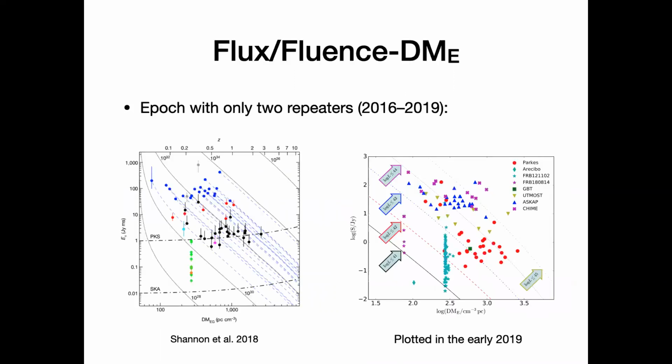My PhD thesis is about FRB statistics. When I plot diagrams such as dispersion versus fluence or flux, I found something very interesting: most repeating bursts are located in the bottom left of this diagram. Even with that, I cannot confirm whether all of the repeaters share this faint feature.